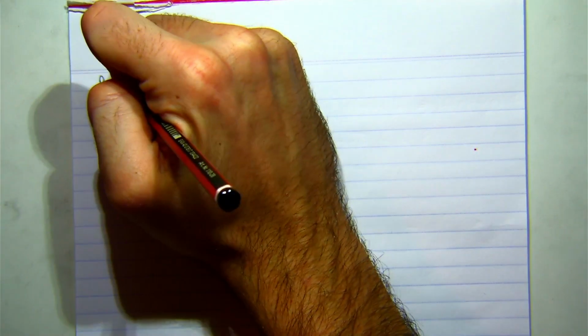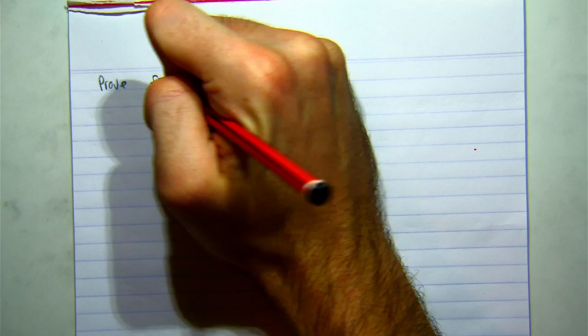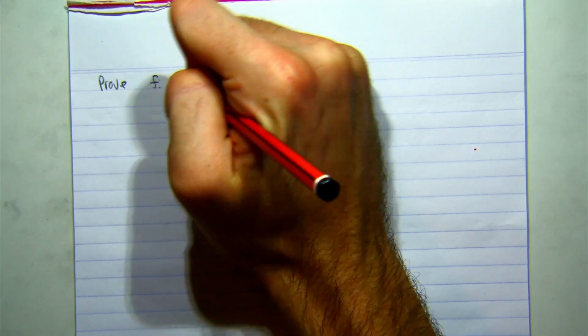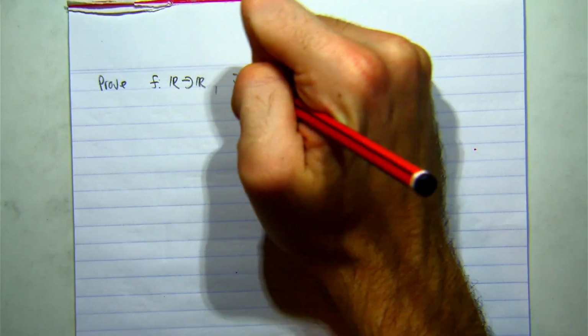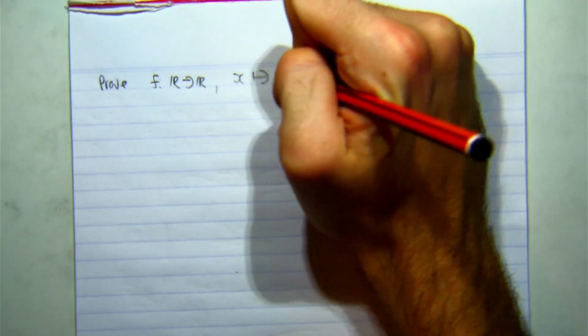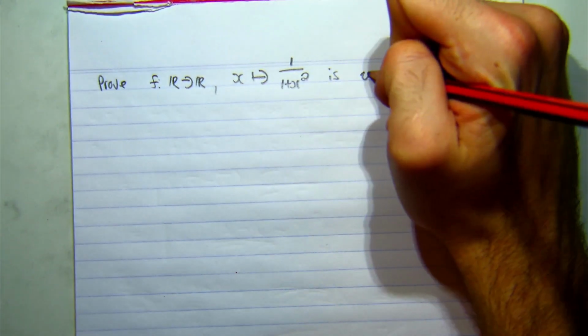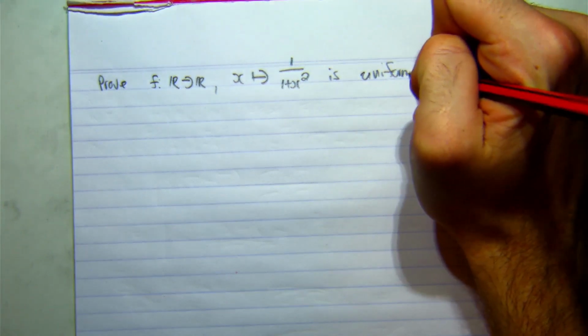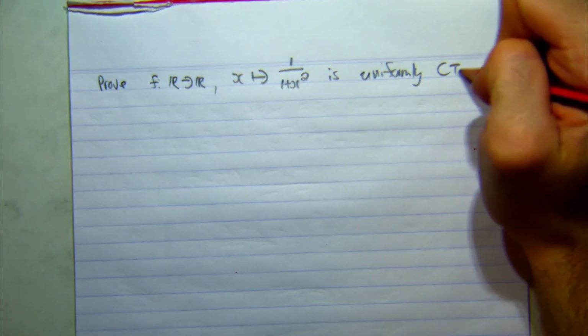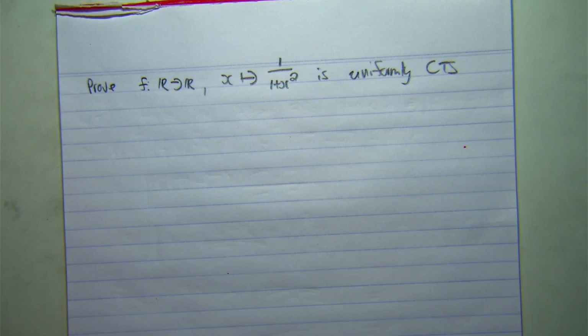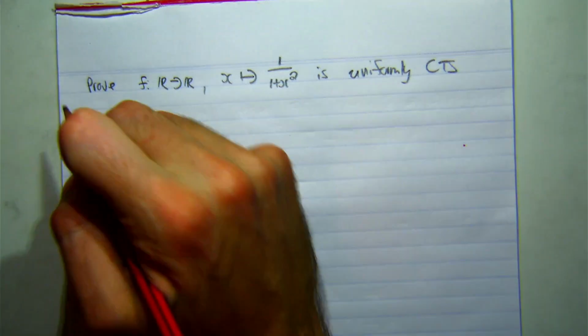So the question that we want to do is prove f, mapping the real numbers to the real numbers, x to 1 on 1 plus x squared, is uniformly continuous. That's our question.